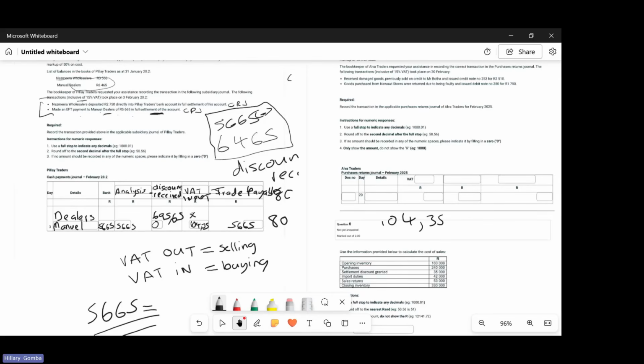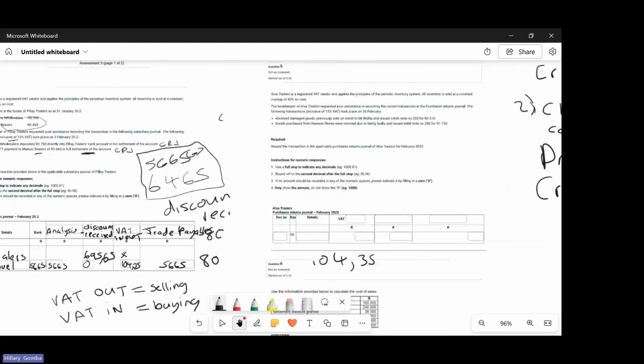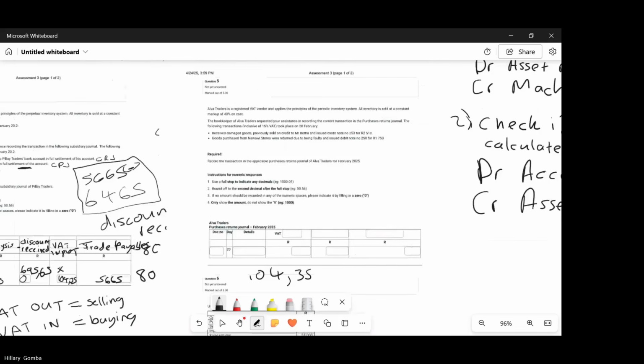So they told us that Alva Traders is a registered VAT vendor and applies the periodic inventory system. All inventory is sold at a constant markup of 40% on cost. The bookkeeper of Alva Traders requested your assistance in recording the correct transactions in the purchases returns journal. The following transactions, inclusive of 15% VAT, took place on 20 February.